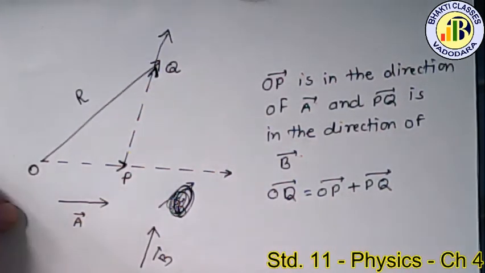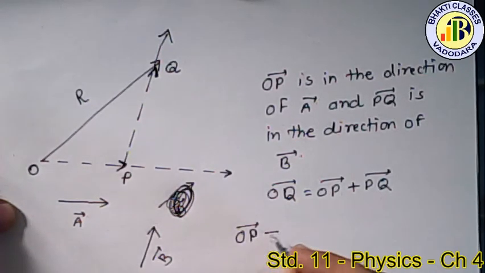Now we can easily see that vector OP is not exactly vector A.